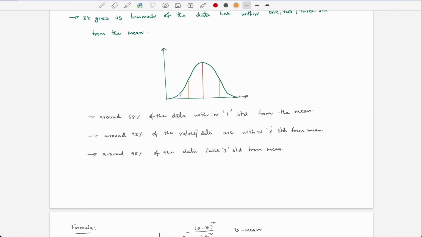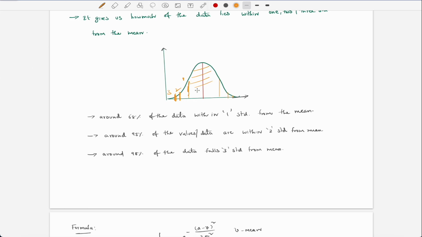Around 95% of the data is within two standard deviations, and 98% of the data is within three standard deviations. I hope you understand this. This is three standard deviations, this is two standard deviations, and this is one standard deviation.